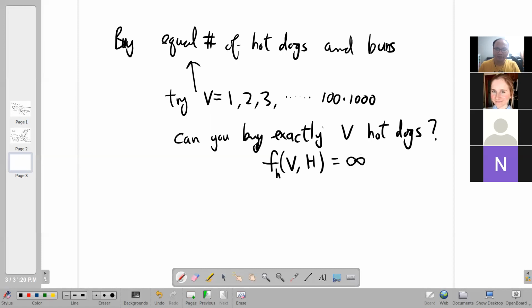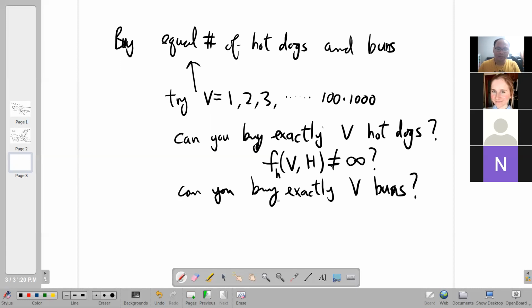Is it infinity? Because if it's infinity, then you can't do it. If it's not infinity, you can do it. So you want to do that. Then for the same V, you ask, can you buy exactly V buns? And again, you ask, is this not infinity?